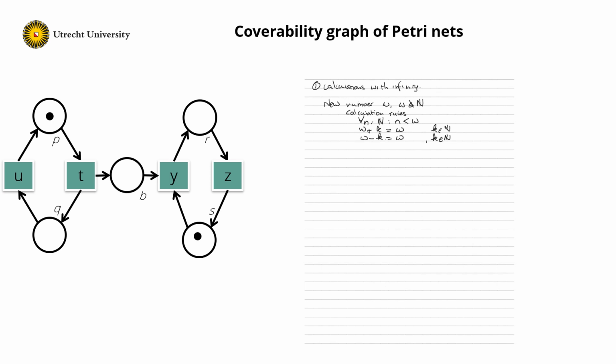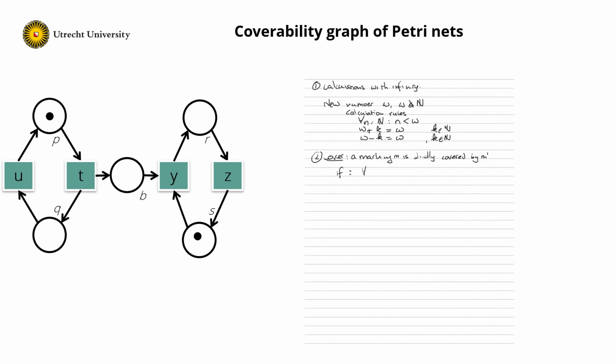As a next step, we're going to look at markings again. And one way of looking at markings is to ask what it means if a marking is bigger. So the next step is we're going to look at covers. A marking M is strictly covered by some other marking M prime if the following conditions hold.